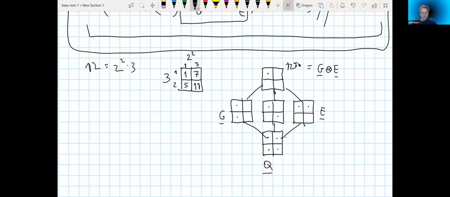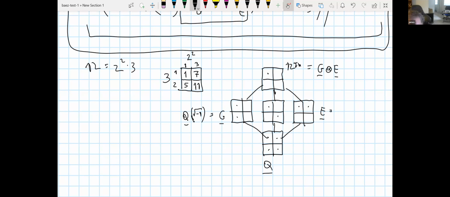I mean, this is Q adjoin 1 to the 1/4, but it's also just Q adjoin the square root of -1.